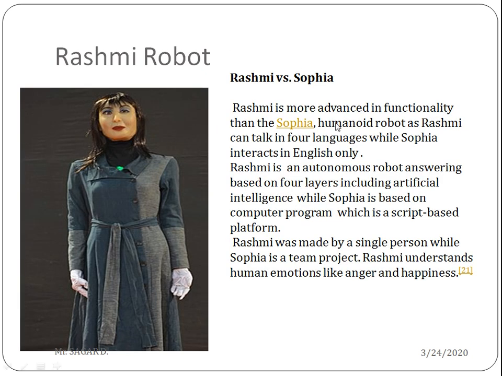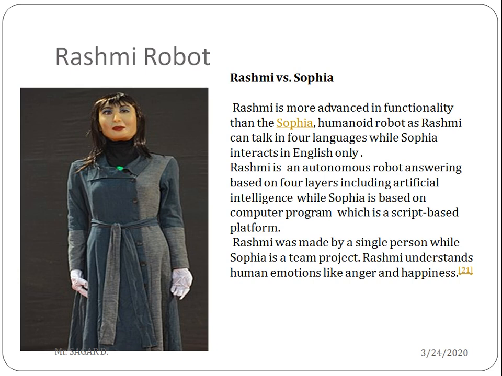So Rashmi versus Sophia. Both are humanoid robo, but Rashmi is more advanced. Sophia was developed in 2017, whereas Rashmi was developed in 2018. Rashmi is more advanced in functionality than Sophia. Rashmi can talk in 4 languages, while Sophia interacts only in English, whereas Rashmi can speak English, Hindi, Marathi and Bhojpuri.